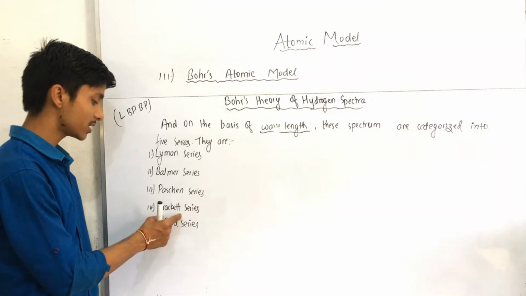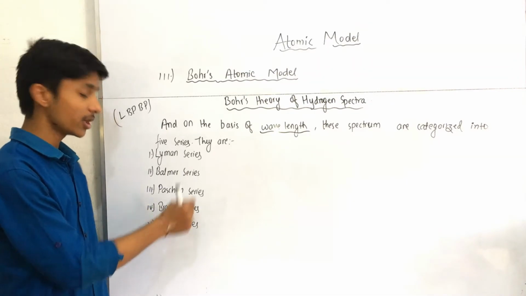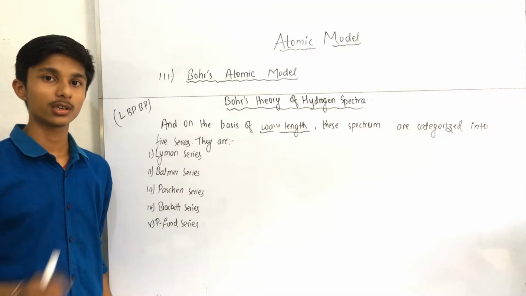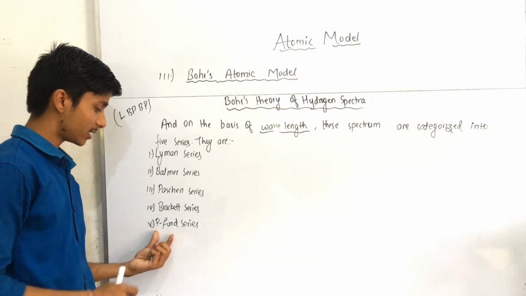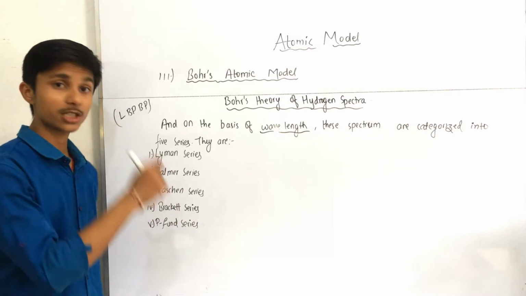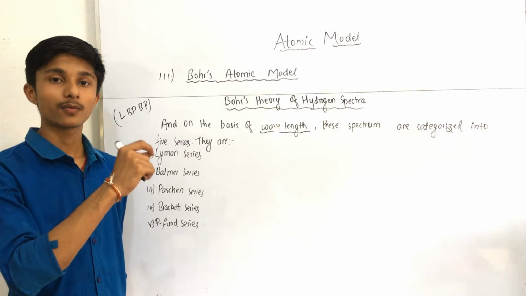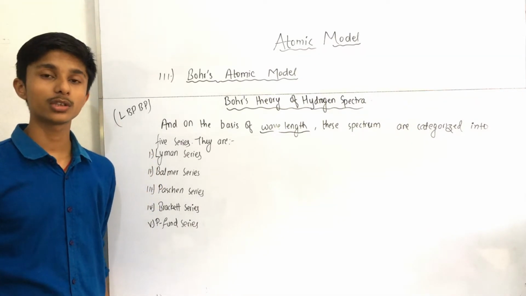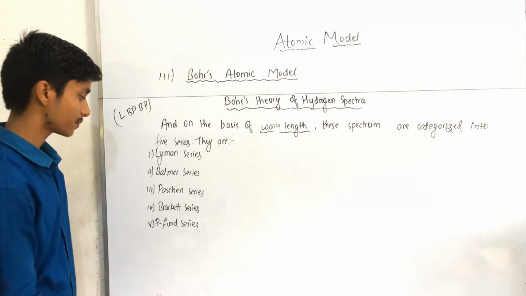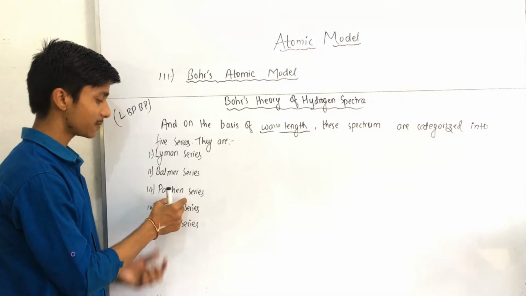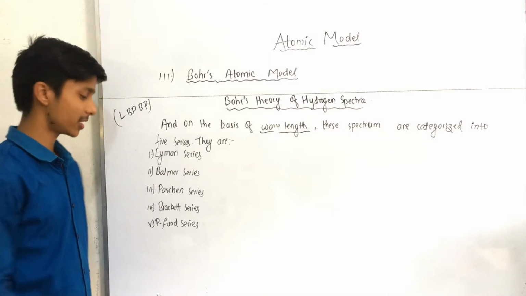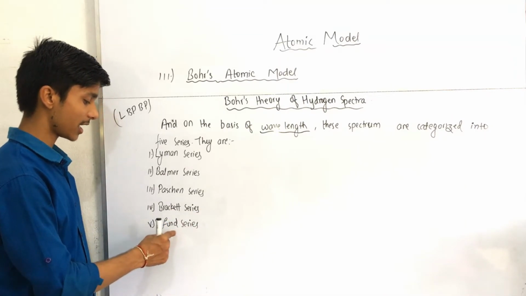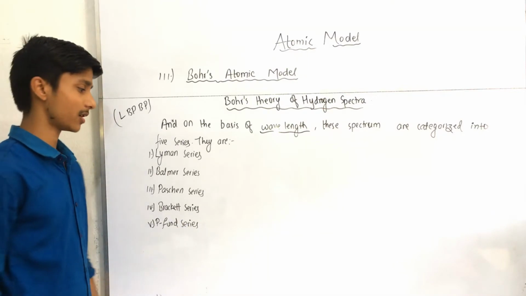And these are those series formed due to the fall of electron from higher energy level to the fourth energy level, and to the fifth energy level. And this Paschen series is present in near infrared ray, this is present in the middle of infrared ray, and this is present in far infrared ray.